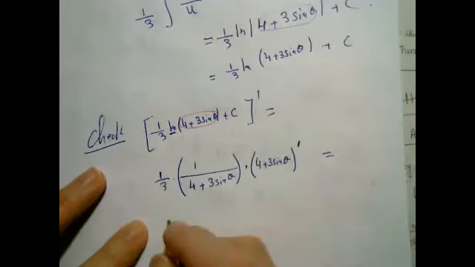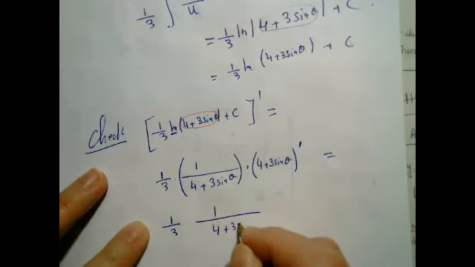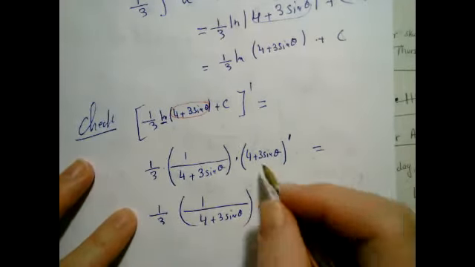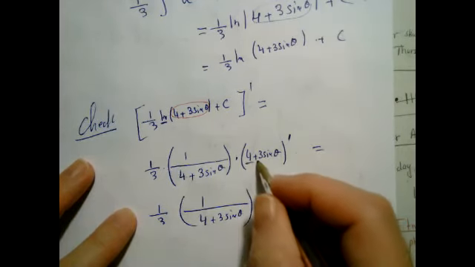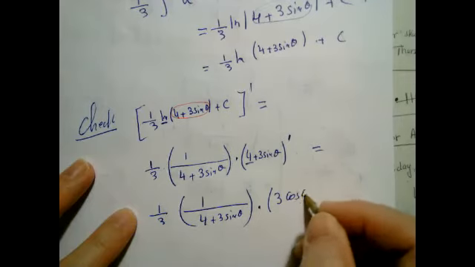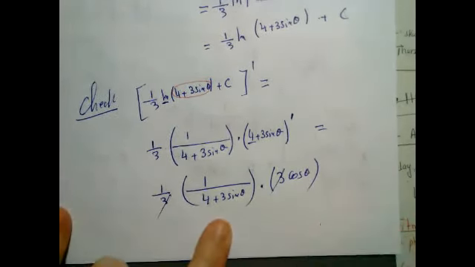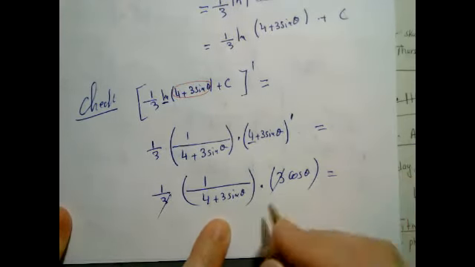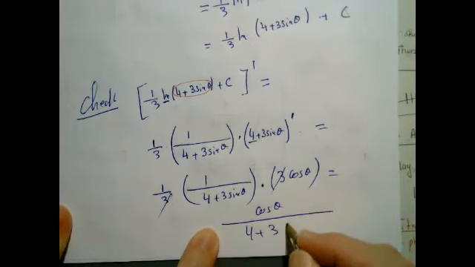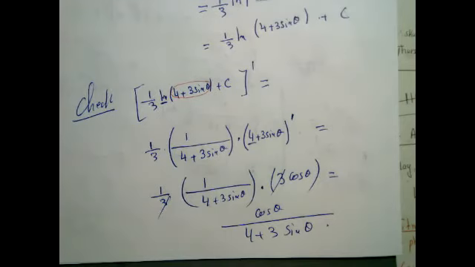Which is equal to 1/3, 1 over that, times the derivative here. Derivative of 4 is 0, plus derivative of 3 sine theta is 3 cosine theta. The 3 and the 3 cancel out, and then I will end up with the cosine over 4 plus 3 sine theta, which is exactly what I want.